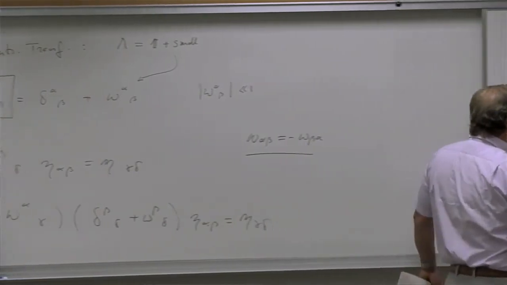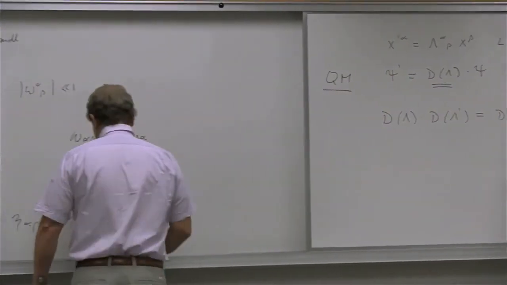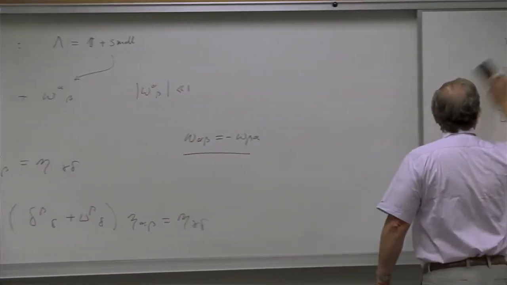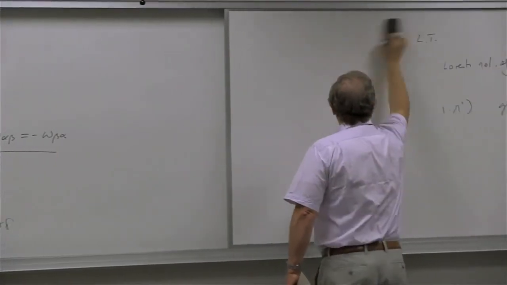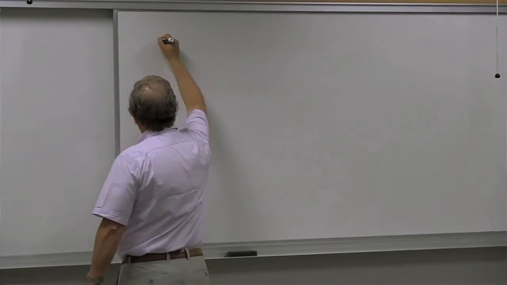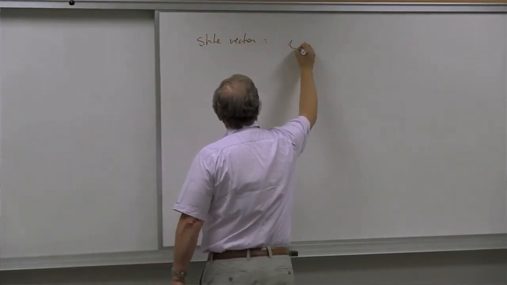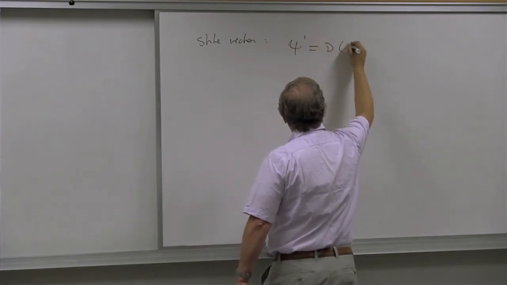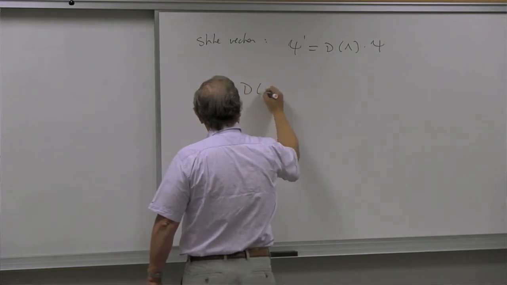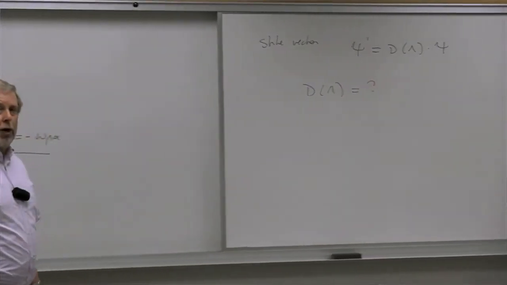Now what about the d? Well, the d is not going to be the same as the lambda, so let's go over on this side. When we look at a state vector, then we have that psi prime is equal to d of lambda times psi. So what is d of lambda? Well, that's what we're trying to determine.